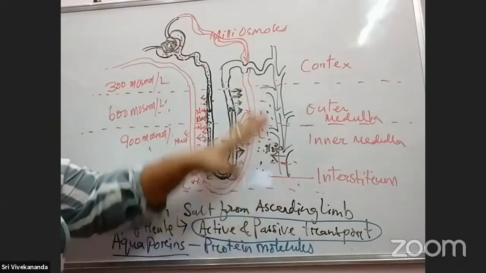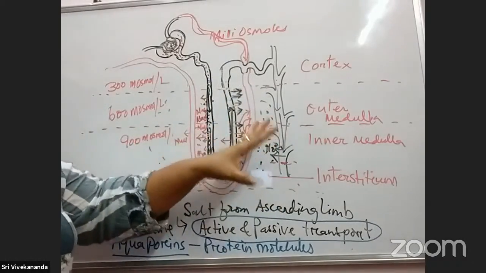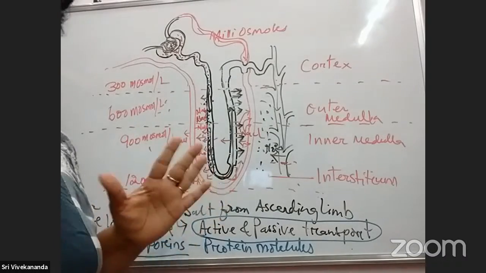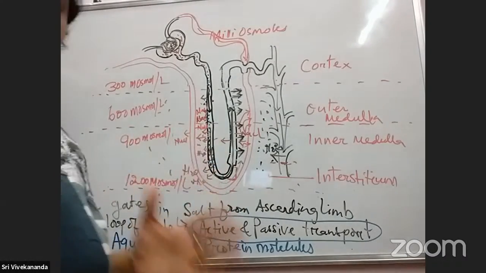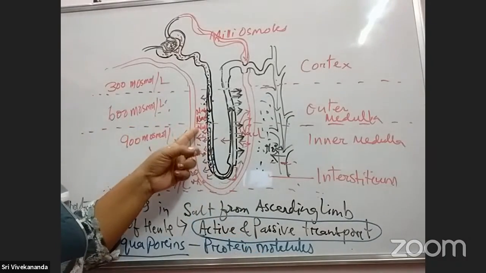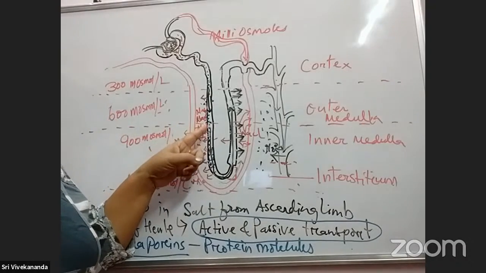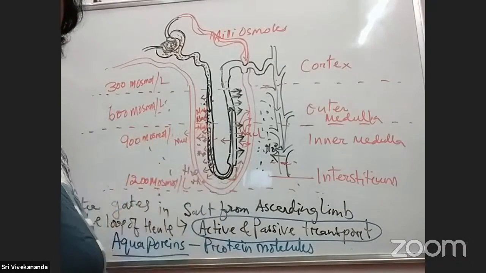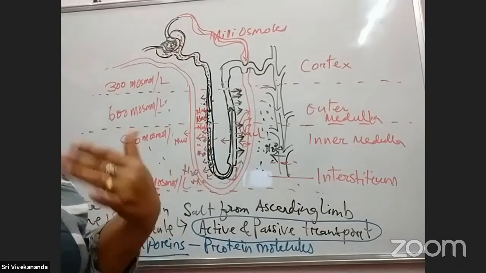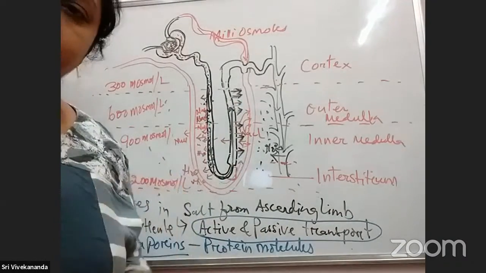This sodium chloride plays the most important role in water reabsorption on this side. Why? Why do we need sodium chloride, a salt, this side? Because it is permeable. Permeable means water will come out. Then why is it not coming out all the time? If it is coming out all the time, then what is going to happen?